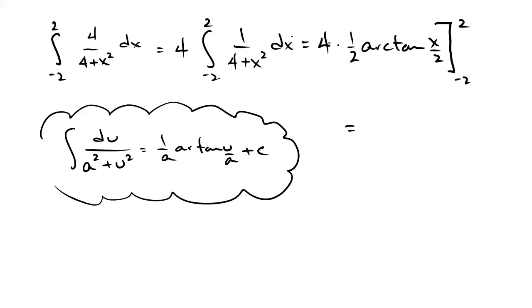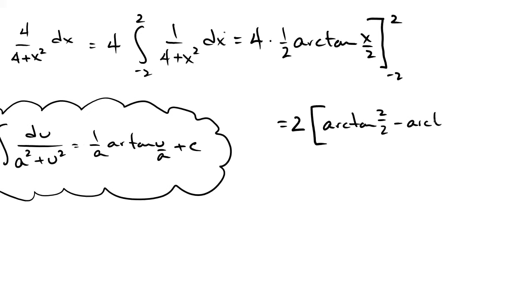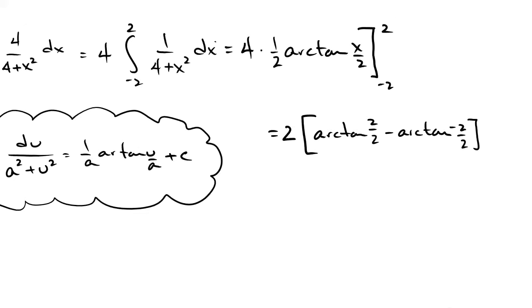Continuing on, I'm going to go ahead and take this 4 times 1/2 as a scalar multiple. And then I will have arctangent of 2 over 2 minus the arctan of -2 over 2, using the fundamental theorem of calculus.